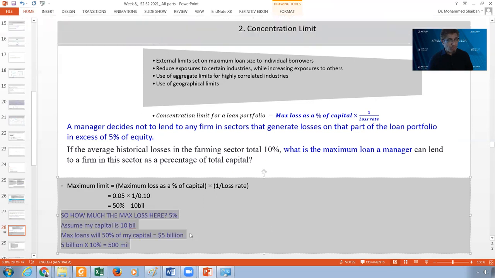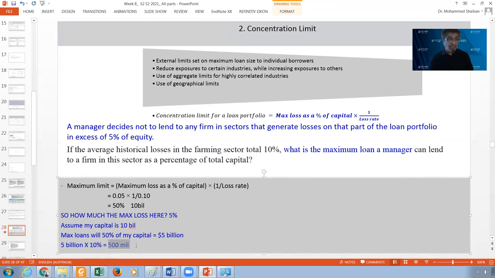So just to prove it, how much is the maximum loss? It's 5%. So assume my capital is 10 billion. Maximum loans will be 50% of that, which is 5 billion out of the 10 billion. If you look at the losses, it will be 5 billion times the 10%, which is the loss rate in this industry.